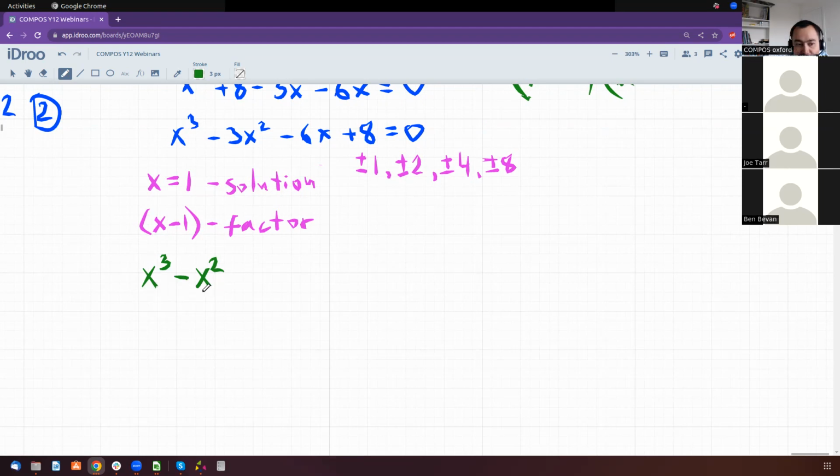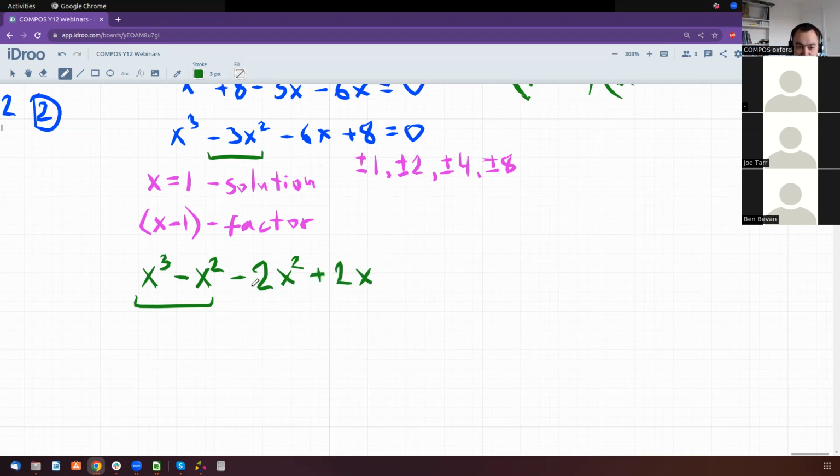But I had minus 3x squared, so I do minus 2x squared, splitting minus 3x squared into minus x squared minus 2x squared. Minus 2x squared, to factor out x minus 1, needs plus 2x.